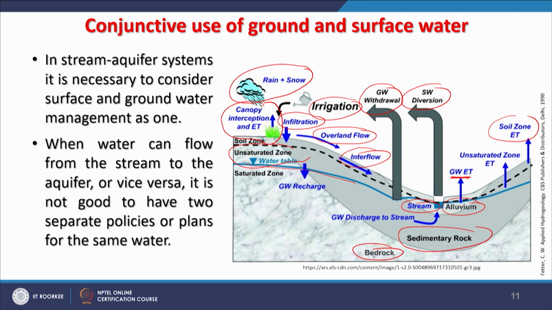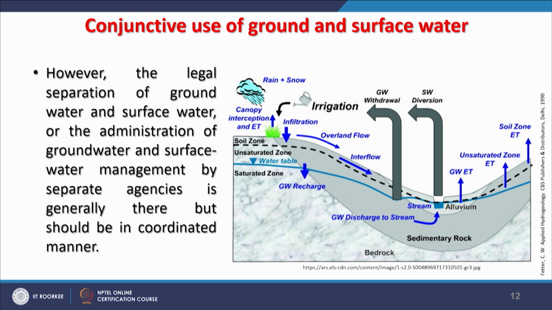What we need is overall management of water, and that includes both surface and groundwater. However, the legal separation of groundwater and surface water, or their administration by separate agencies, is generally there, but it should be in a coordinated manner.